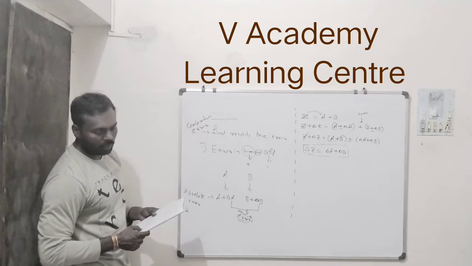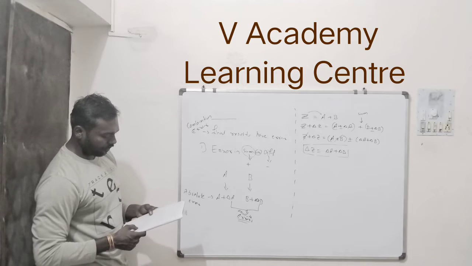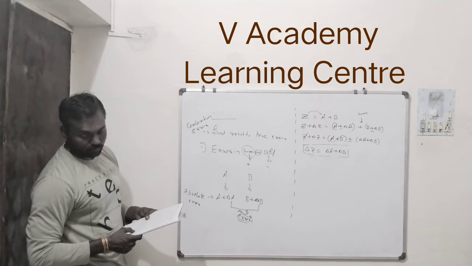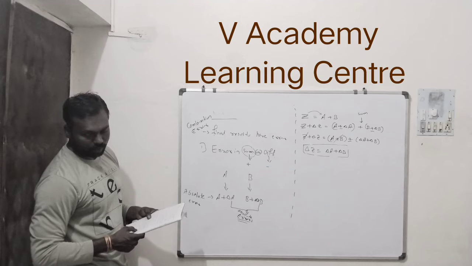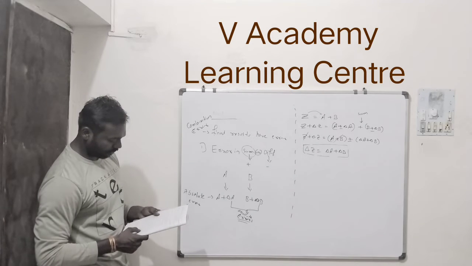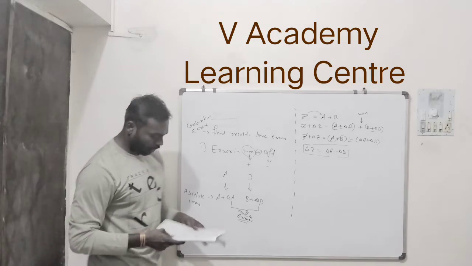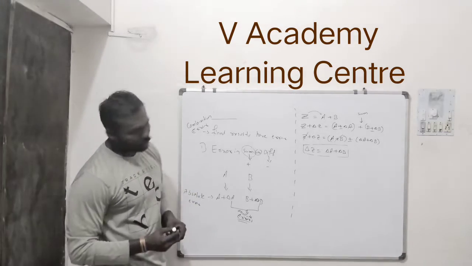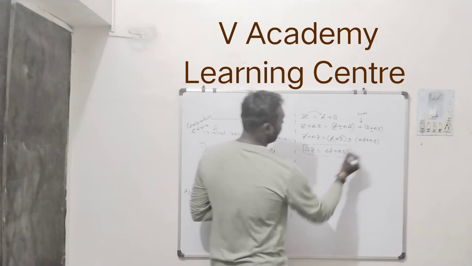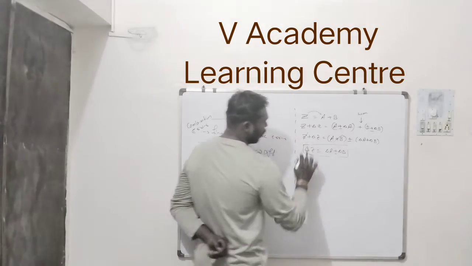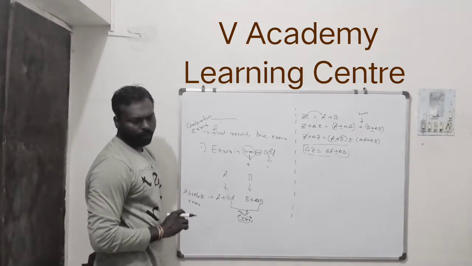Delta Z means the error in sum. Actually, I should take one more thing here: plus or minus. So what's the maximum error in this?